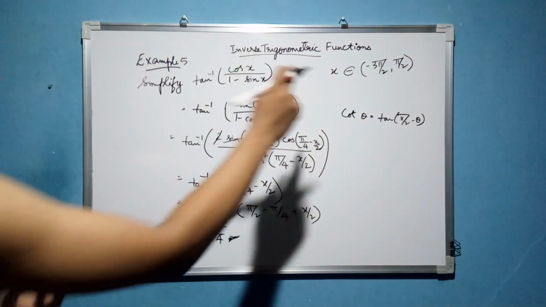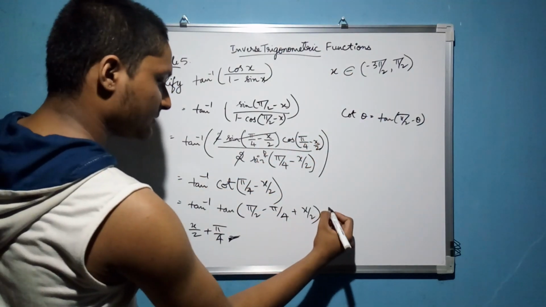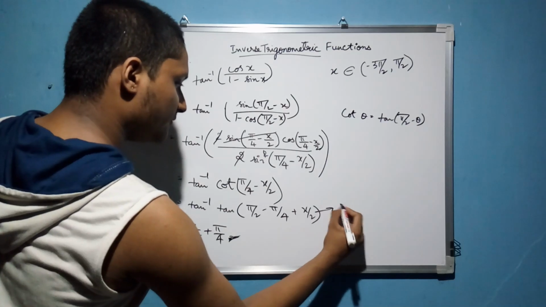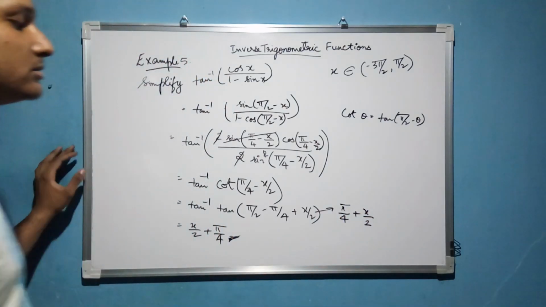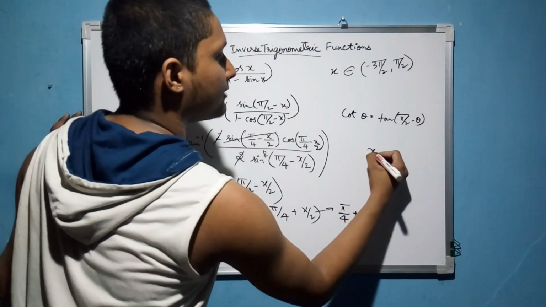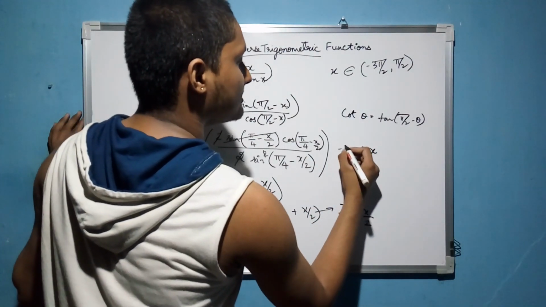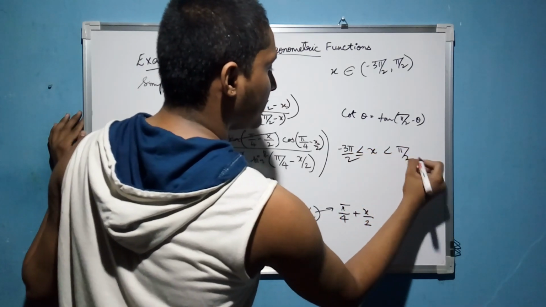So why has this come here? This was pi by 4 plus x by 2. Somehow I need to get this from here. Now we have x in between minus 3 pi by 2 and 3 pi by 2.